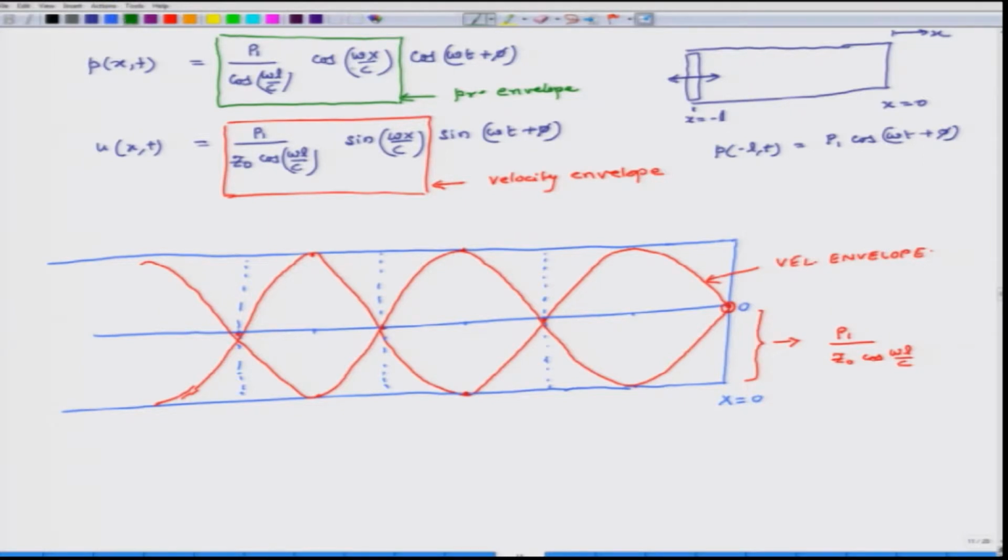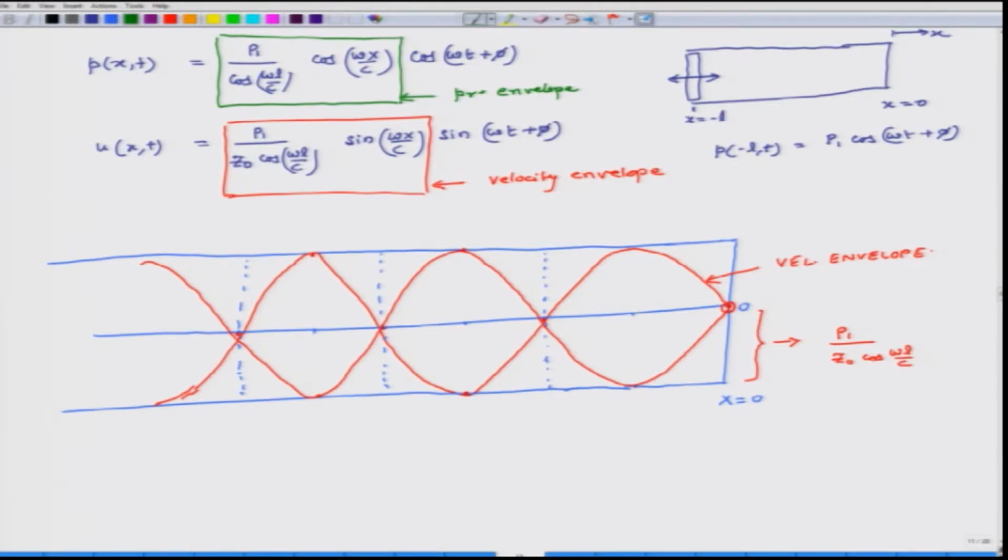So, pressure is going to be maximum where velocity is going to be minimum, because the pressure envelope has a cosine omega x over c term, and the velocity envelope has a sine omega x over c term.